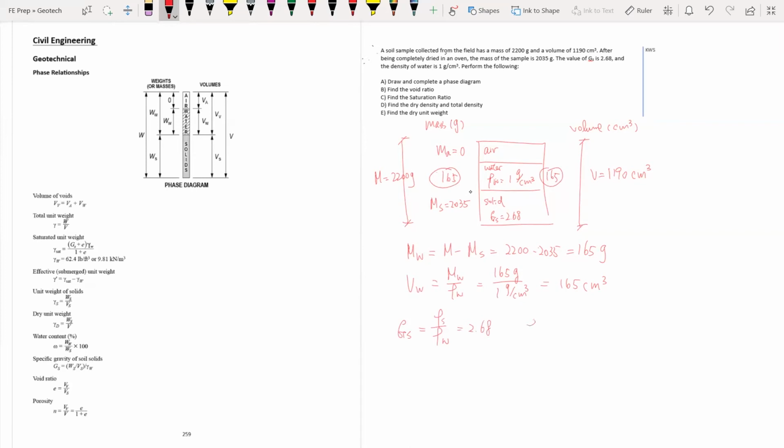So the density of the solid will be equal to 2.68 grams per centimeter cubed. And next, we want to find the volume of solid, which is equal to the mass of solid divided by the density of the solid.